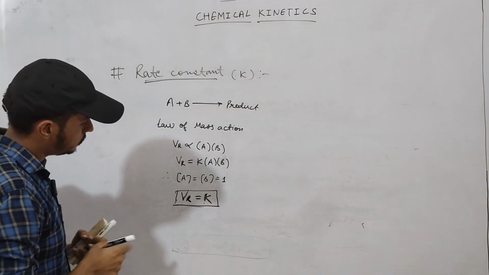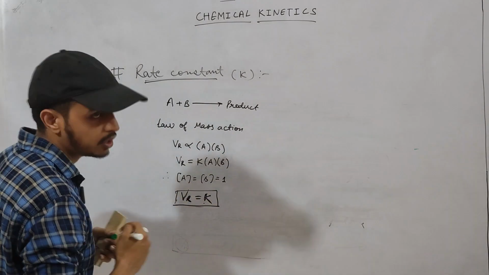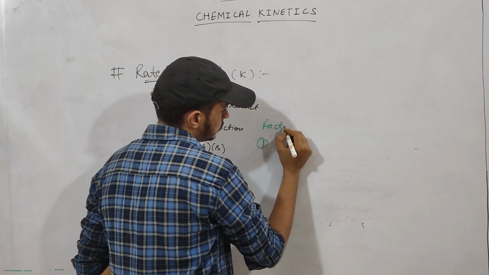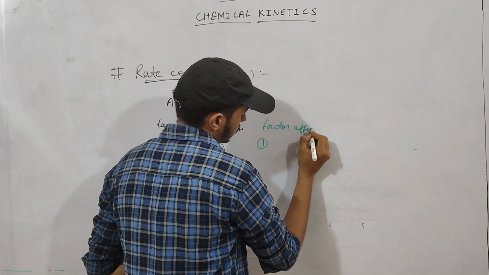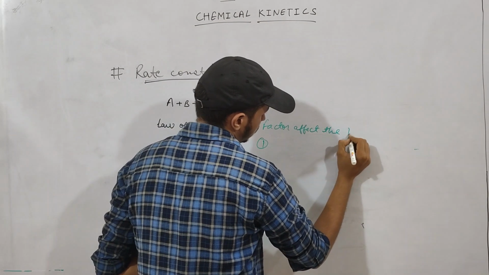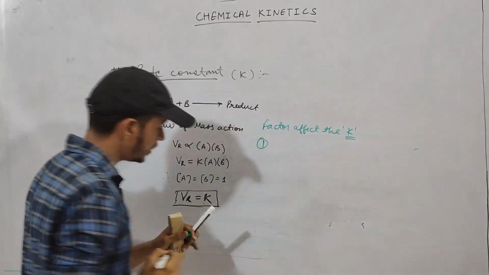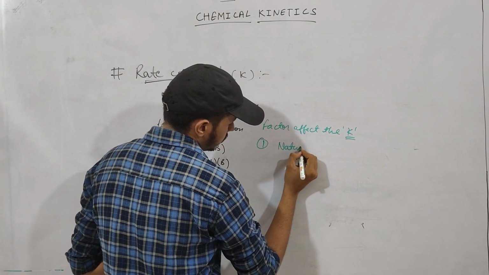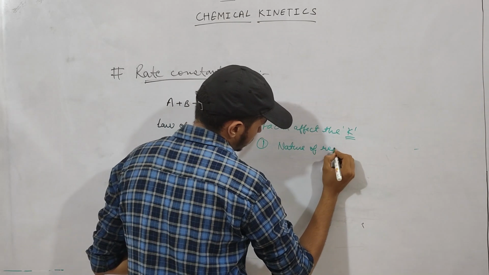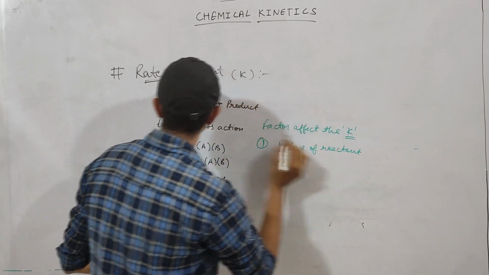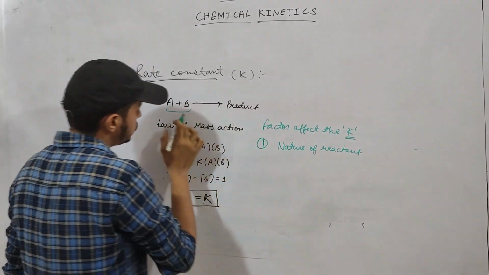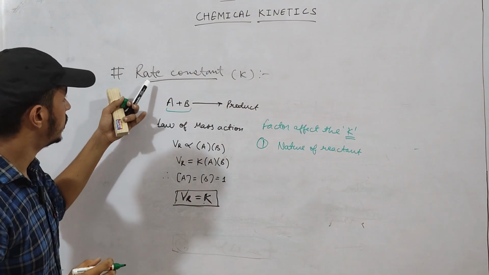So what are the factors which affect the rate constant? The first factor is the nature of reactant. A and B are the reactants, so their nature also affects the rate constant.